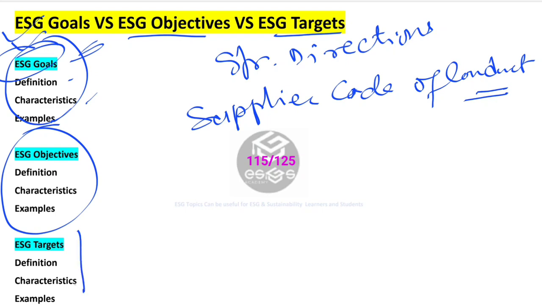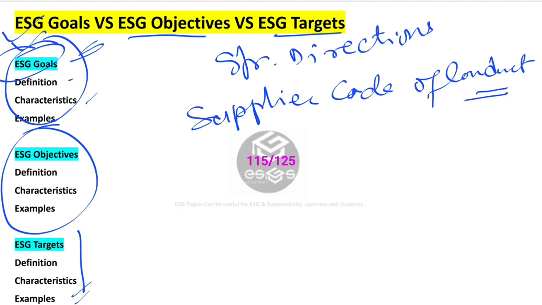Then comes the ESG targets. The targets are specific, quantifiable benchmarks or metrics used to measure progress towards achieving ESG objectives. So these are kind of metrics.